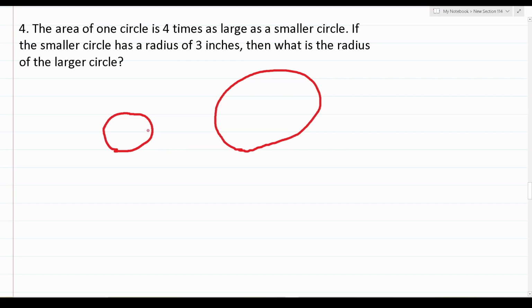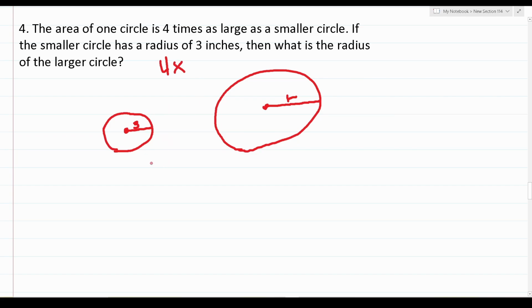In addition, we know that this small circle has a radius of 3 inches, and we want to know what the radius of this large circle is. Again, this large circle has 4 times the area of this small circle.